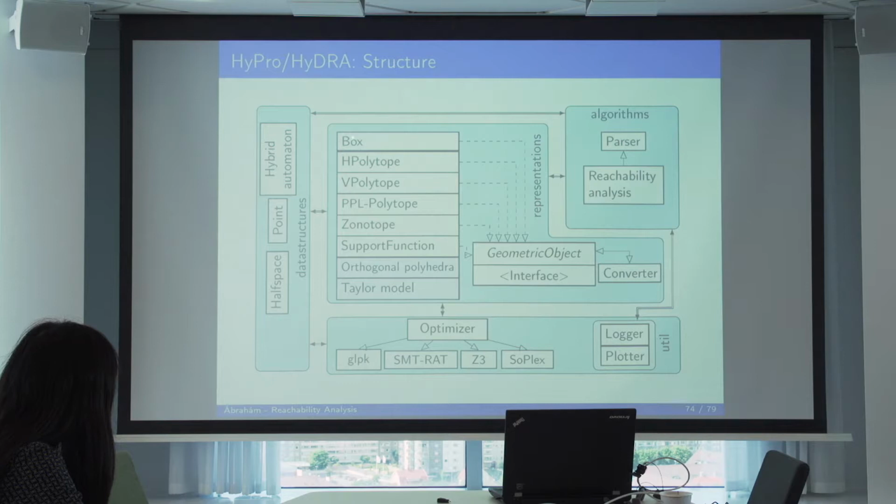And besides polytopes, we offer also boxes, zonotopes, support functions. So basically, the best-known representations, which share a common type, so it is easy to exchange those in your implementation. Some do not fit this interface, so these two do not share the interface, and we can convert between them, either exactly if possible or over-approximatively.